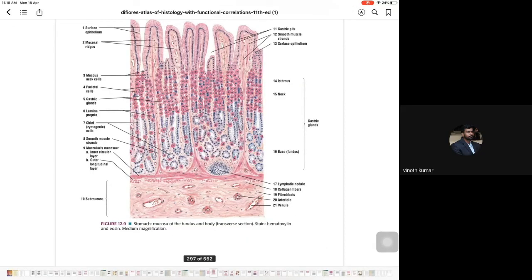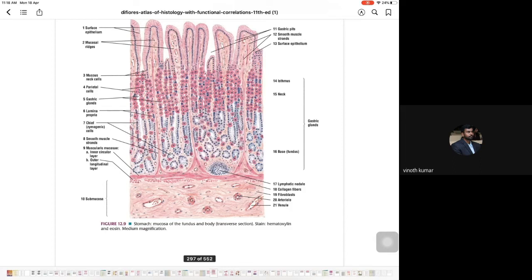Stomach mucosa of the fundus and body in a transverse section, stained with hematoxylin and eosin at medium magnification. On the left side: surface epithelium, mucosal ridges, mucus cells, parietal cells, gastric gland, lamina propria, chief zymogenic cells, small smooth muscle bundles, muscularis mucosa with inner circular and outer longitudinal layers, then submucosa.